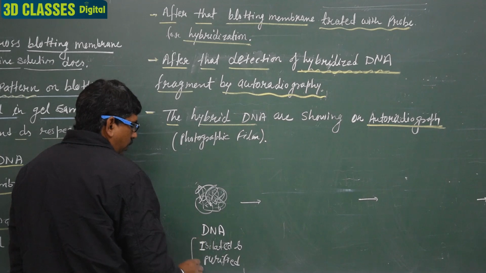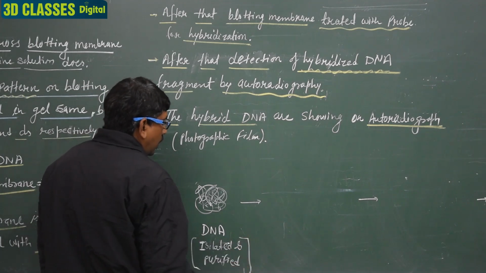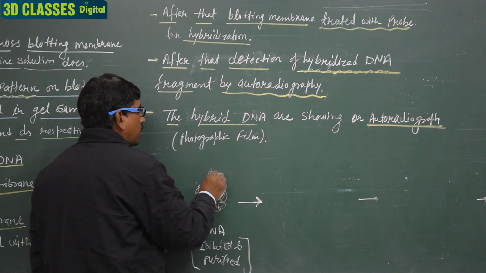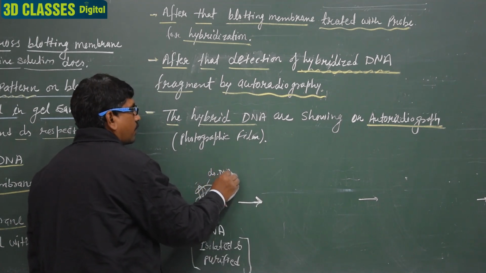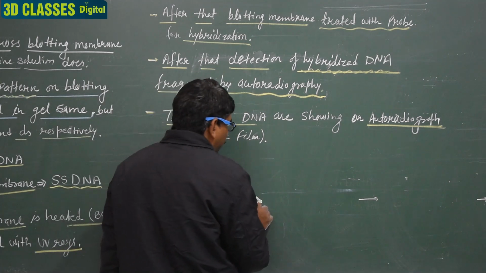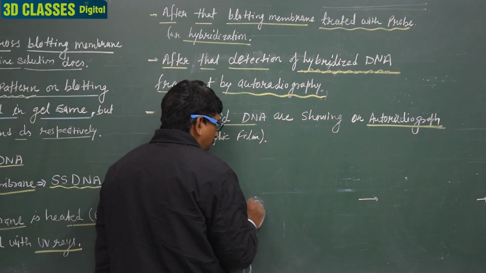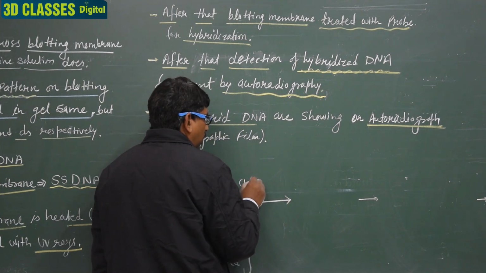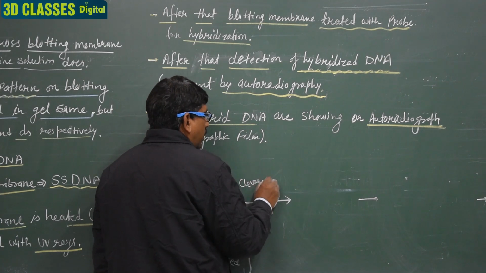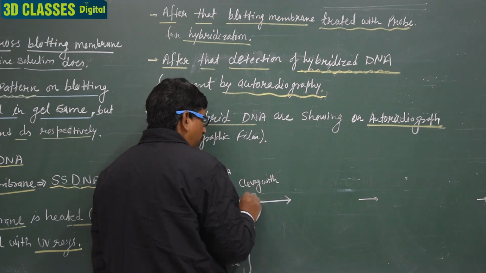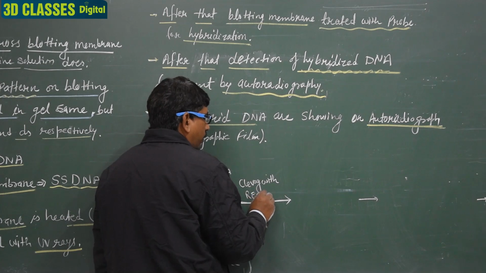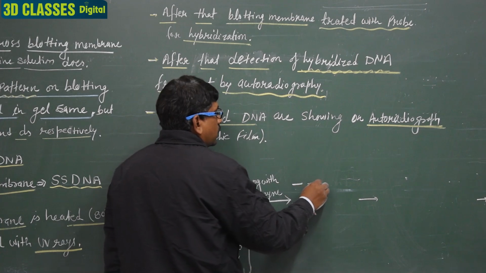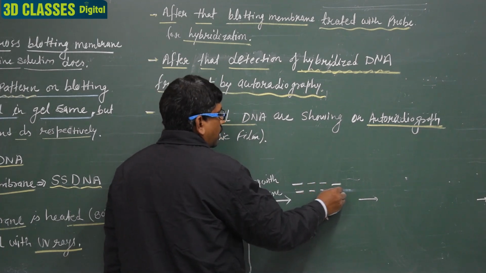It is isolated and purified DNA, and this DNA is double stranded. With the help of the RE enzyme we carry out the cleavage. Here the number of RE enzymes may be one or two, it may differ. Then we obtain segments like this. They are DNA segments.